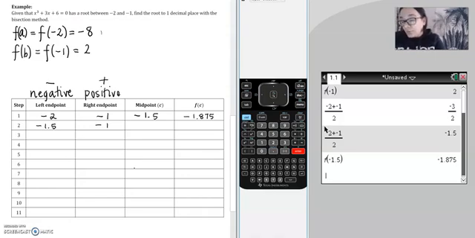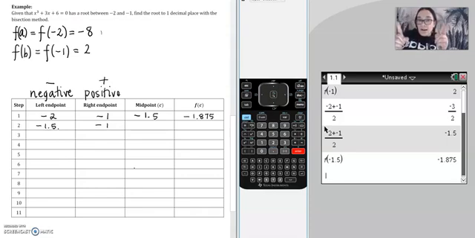So this midpoint will replace the endpoint that has the same y value sign. A negative y value will replace the endpoint with the negative. So the left endpoint was the one with the negative y coordinate. So now the process repeats.